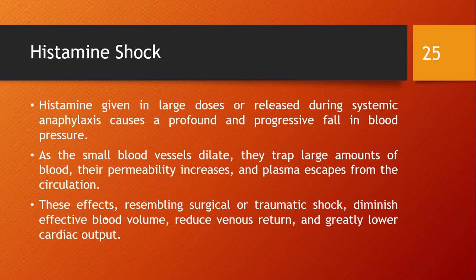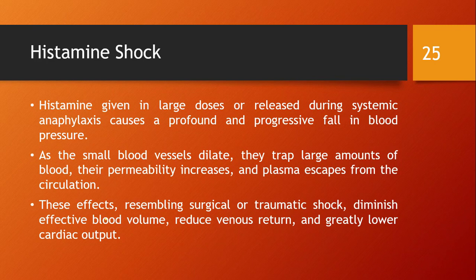Okay, so histamine shock. What is histamine shock? This will be the last slide, I guess. Histamine given in large doses, or released during systemic anaphylaxis, causes a profound and progressive fall in blood pressure.